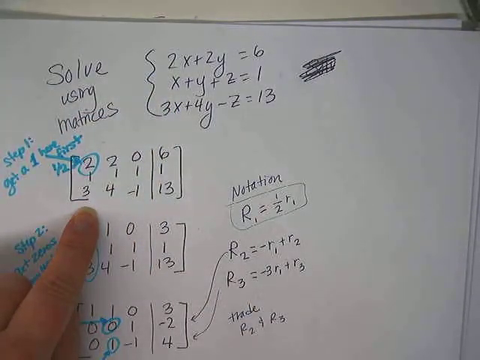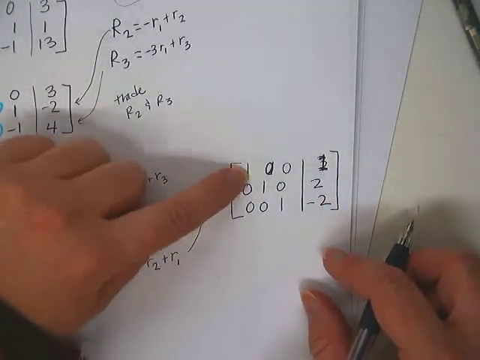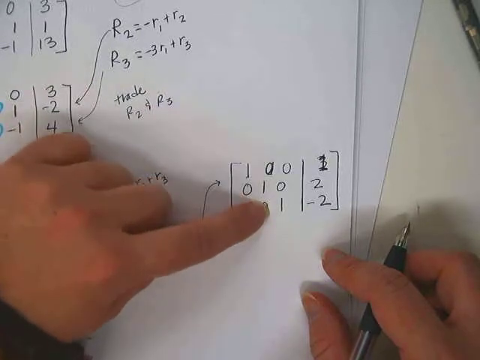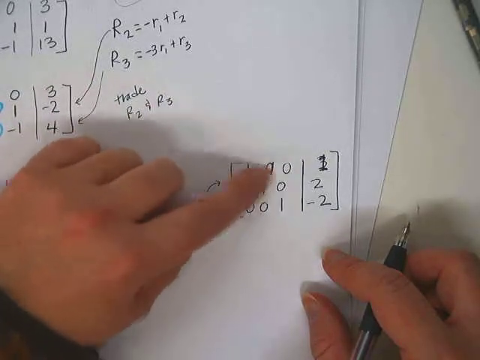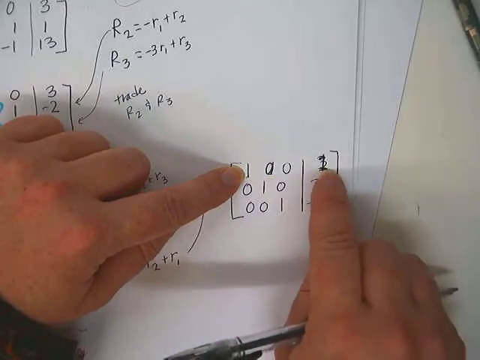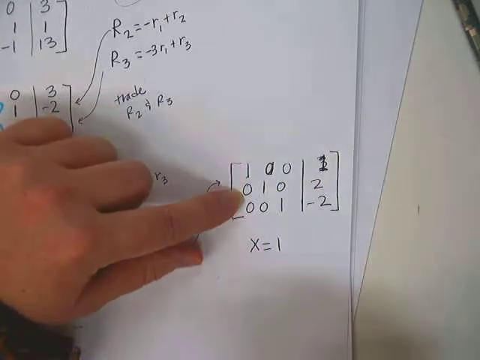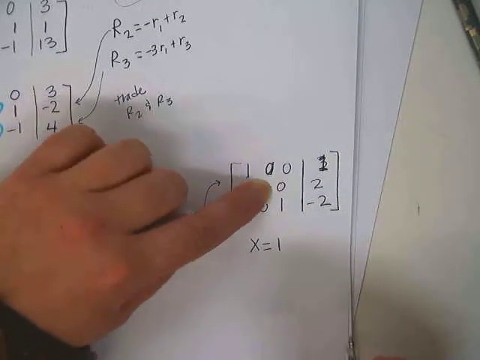Now, to start this problem in the first place, we began with 3 equations, which we then turned into an augmented matrix that looked like this. Now we're going to go backwards. We take an augmented matrix and turn it into 3 equations. So this is our x column, this is our y column, this is our z column. This would mean 1x plus 0y plus 0z equals 1.